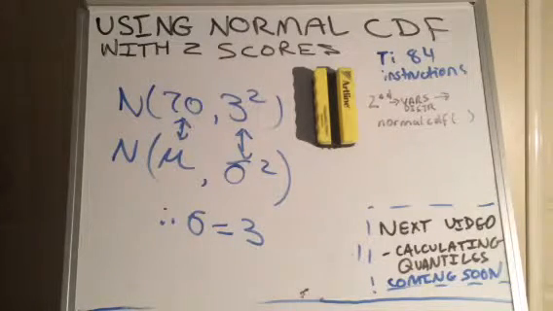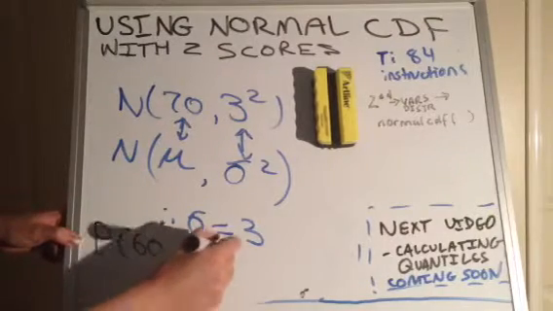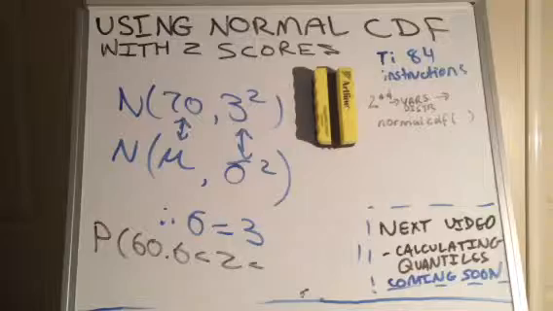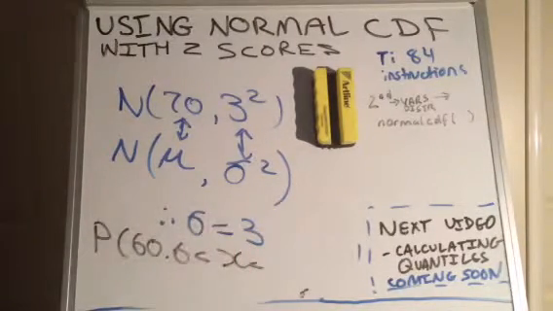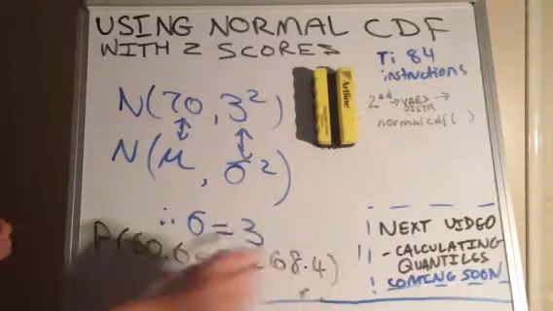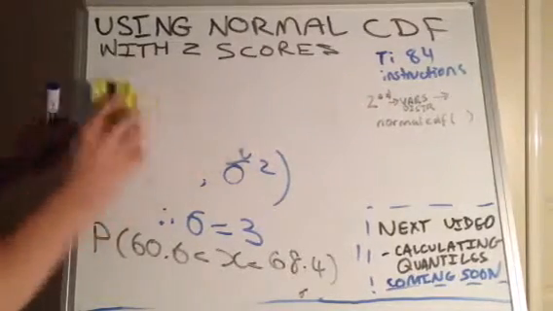So let's say we had that distribution and we wanted to know the probability of a random variable lying in this interval here. I'll use X as our random variable, going from 60.6 to 68.4. In order to do this, I'll write up the calculator instructions again, so hopefully you get the hang of it.